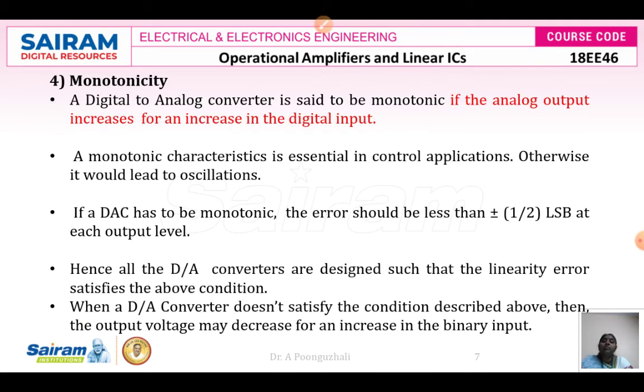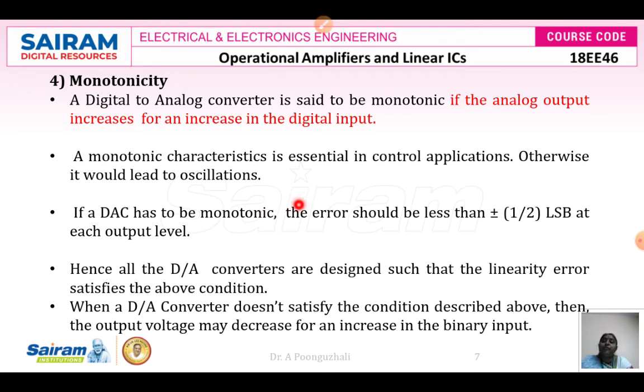Next is monotonicity. A digital to analog converter is said to be monotonic if the analog output increases for an increase in the digital input. The monotonic characteristic is essential in control applications. Otherwise, it is going to lead to oscillations.